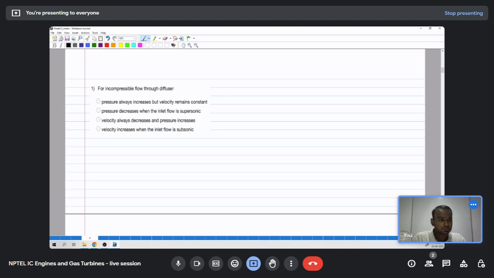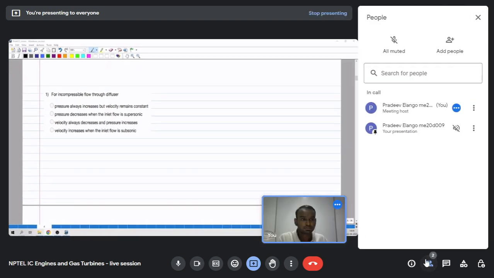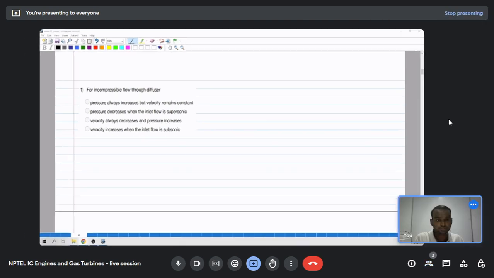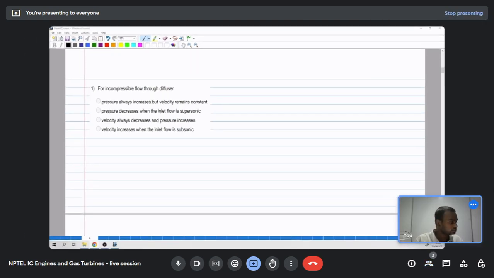Can you tell the answer? Okay. The answer is velocity always decreases and pressure increases.